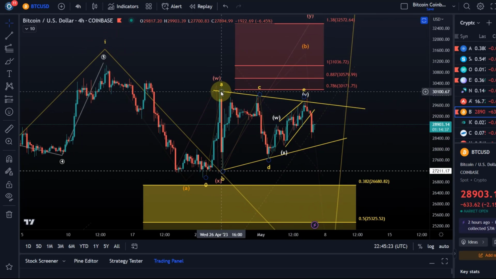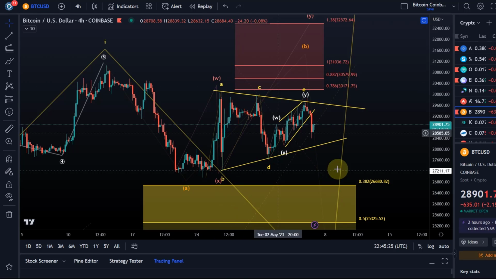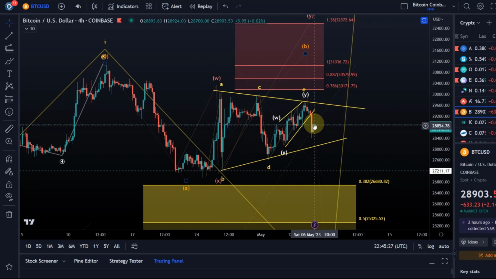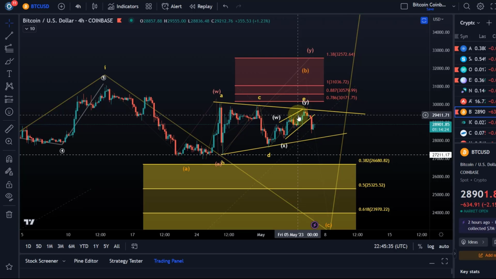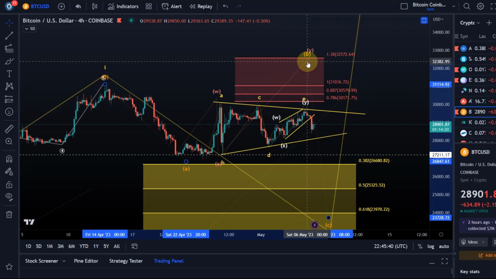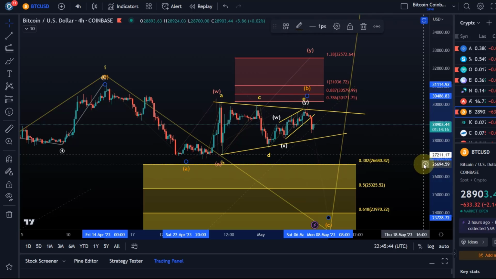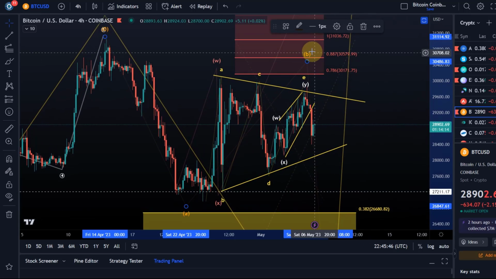As long as we stay below 30,050, we have two possibilities here that I might mainly focus on. Because above 30,050, the triangle will get invalidated. Would it be bullish? No, not necessarily at least. It would simply indicate that this B wave goes a little bit higher. Okay, but at the moment I primarily focus on the idea that the B wave is unfolding as this triangle.